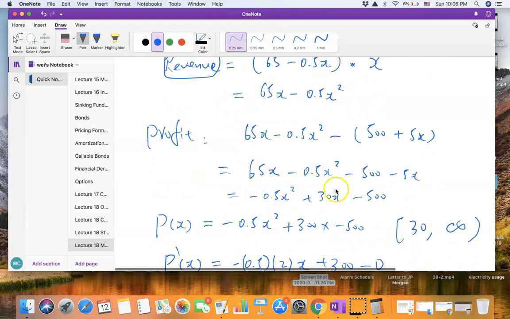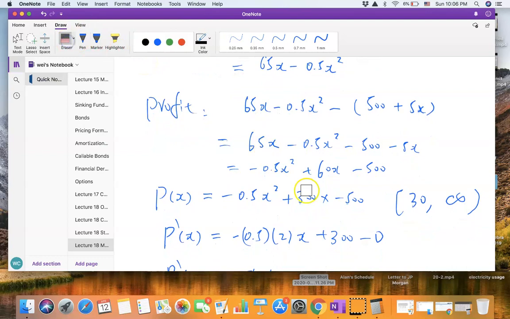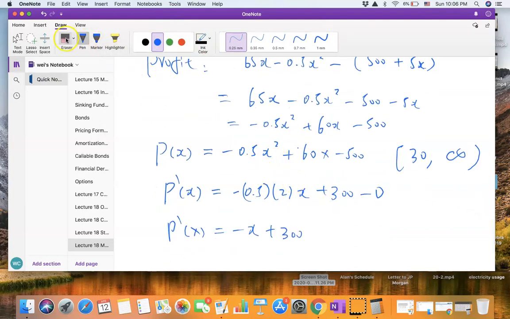And so this will be 65 minus 5x, that's 60x. Okay, so after we take the derivative, this is 60.